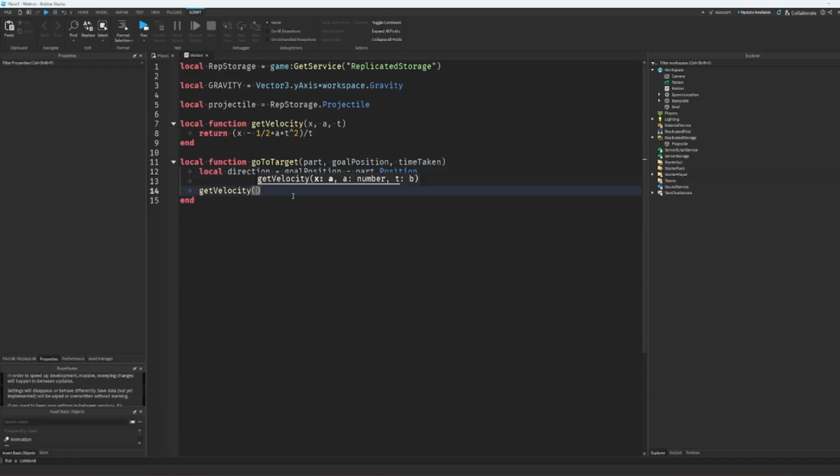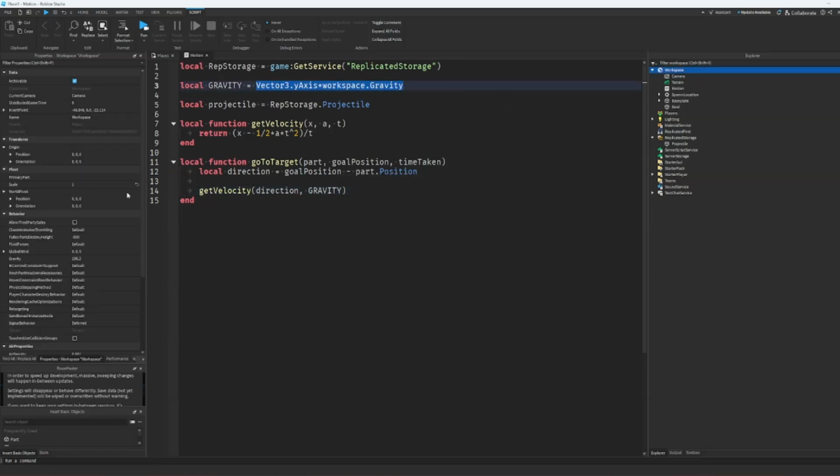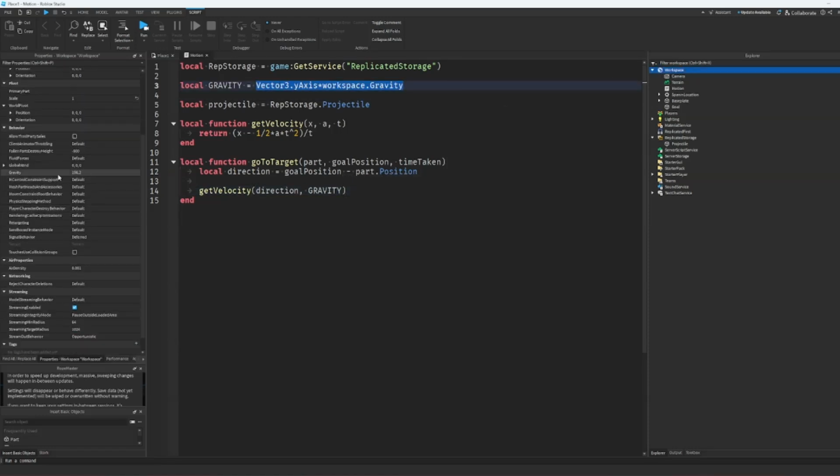And then with that, we can put this here for x, and for acceleration, we can put our gravity. Right here, the workspace doesn't have gravity as negative, so we have to add the negative ourselves.